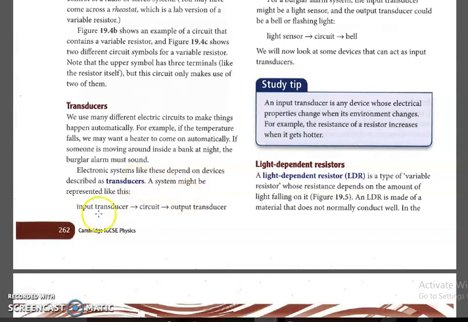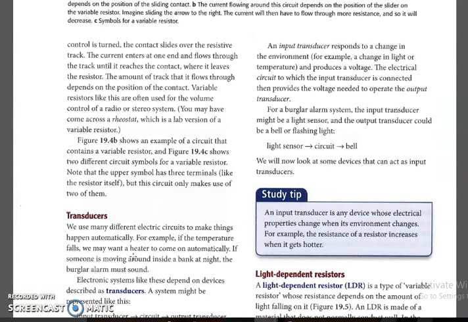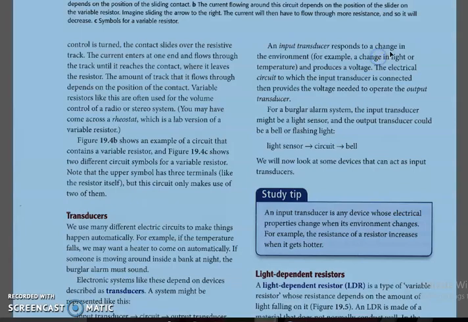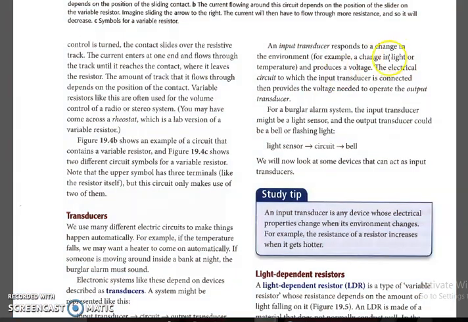A system might be represented with an input transducer. For example, in a banking system, motion is recognized by the circuit, and due to that an alarm is produced. Input transducers respond to changes in the environment, such as motion, light or temperature.